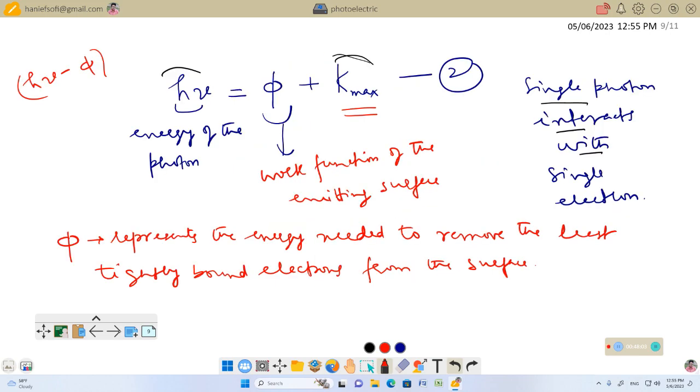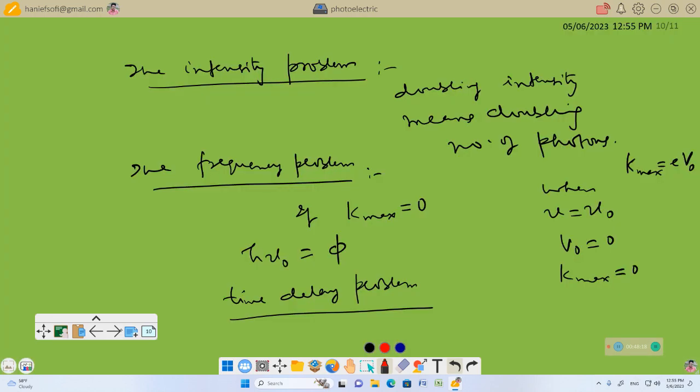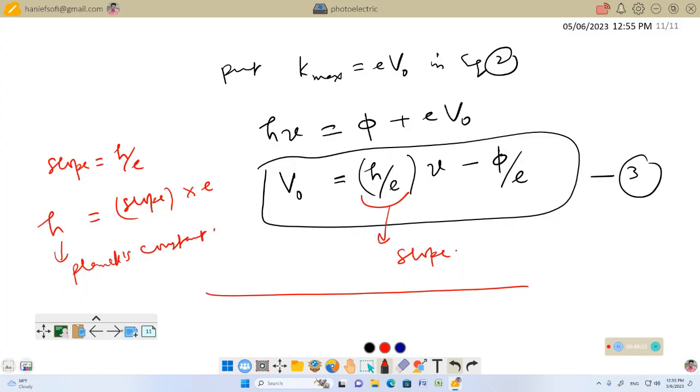A single photon interacts with a single electron. The energy of the photon is used in two parts. One part makes the electron free. The second part becomes the kinetic energy of the electron. Now that led to the resolution of all the issues. So the photoelectric effect is the confirmation of the particle nature of light.